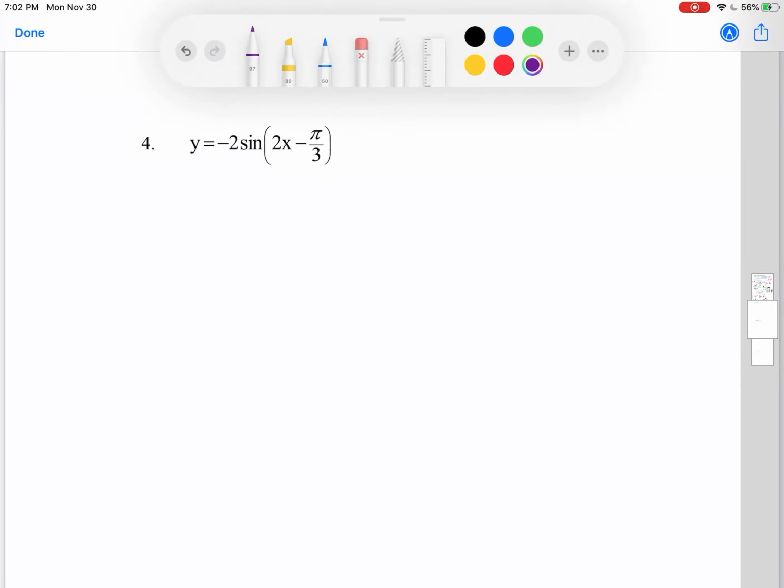Same idea. I want us to first factor, label my A, B, and C's, and then we can go from there building our graph. So if I factor this time, I'm still going to take out that 2. So that gives me negative 2 sine of 2, and back in parentheses is going to give me an x minus.